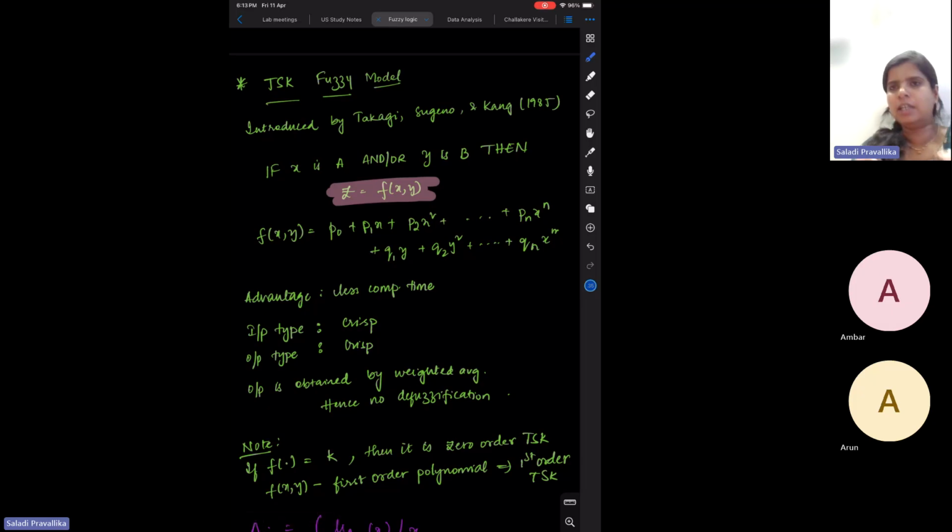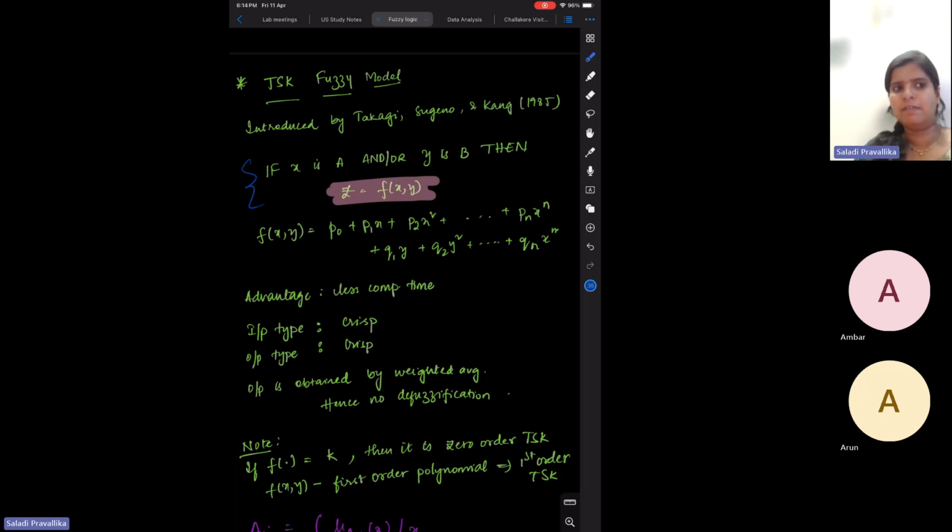And here your consequence is going to change. So far we were having the consequence to be a fuzzy value output, right? But here it's more like Z is equal to some function in terms of X and Y. This is usually the form for the TSK fuzzy model.